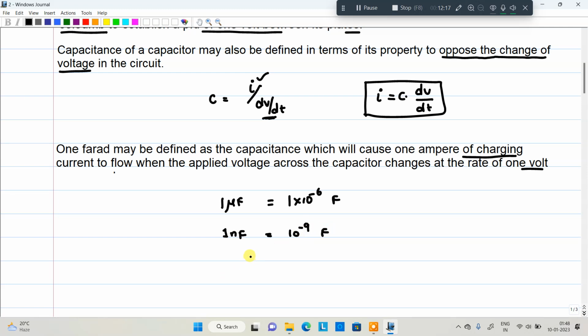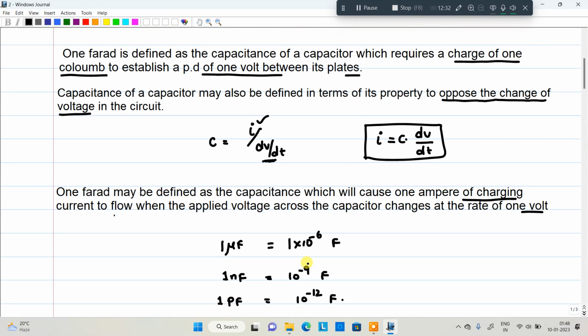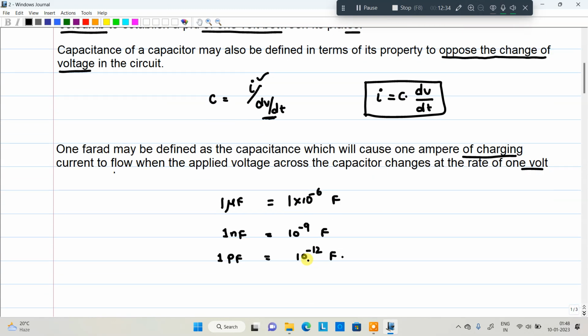Another one, picofarad. Pico is nothing but 10 to the minus 12 farad. So these are the different notations for capacitance. For example, very small nano or picofarad capacitors are there in practice.